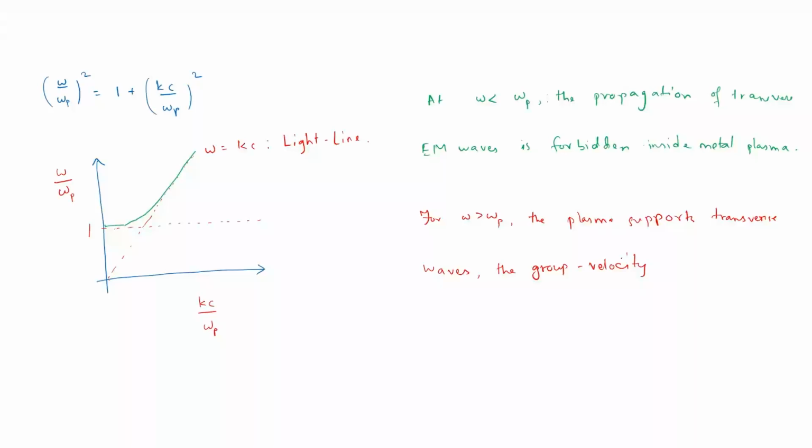So what we can do is take the derivative of the expression that we got, omega square is equal to omega p square plus k square c square. We get 2 omega d omega by dk is equal to 2 k c square.